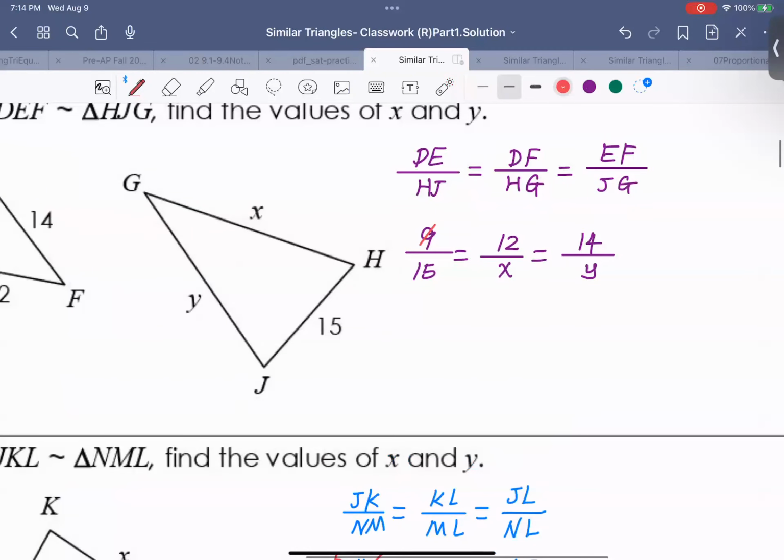And then you can do the cross multiplication. Let's go ahead. 3x equals to 60, x is equal to 20. So you have 3x equals to 60 and x will be 20. How is the other one?